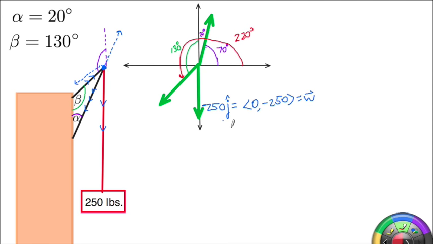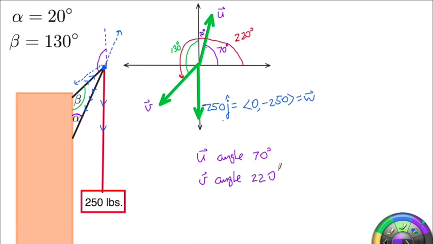Okay, a couple things we know. Let's call this one vector u and this one vector v. We know that u's angle is 70 degrees, and v's angle is 220 degrees, 90 plus 130.